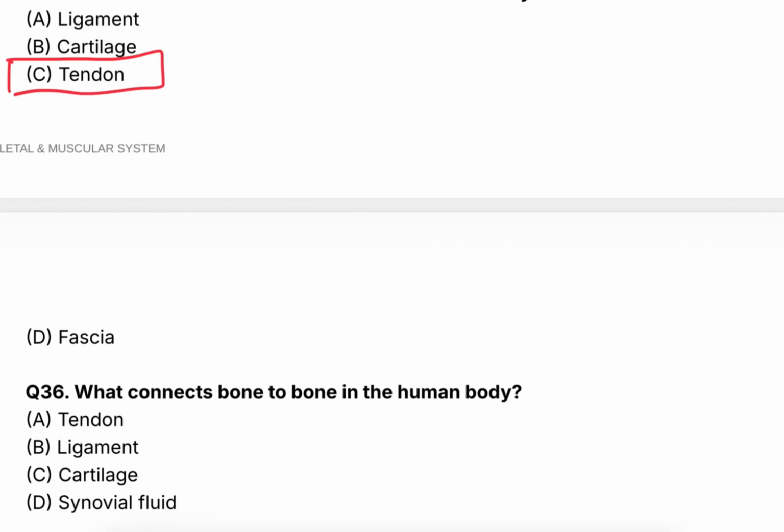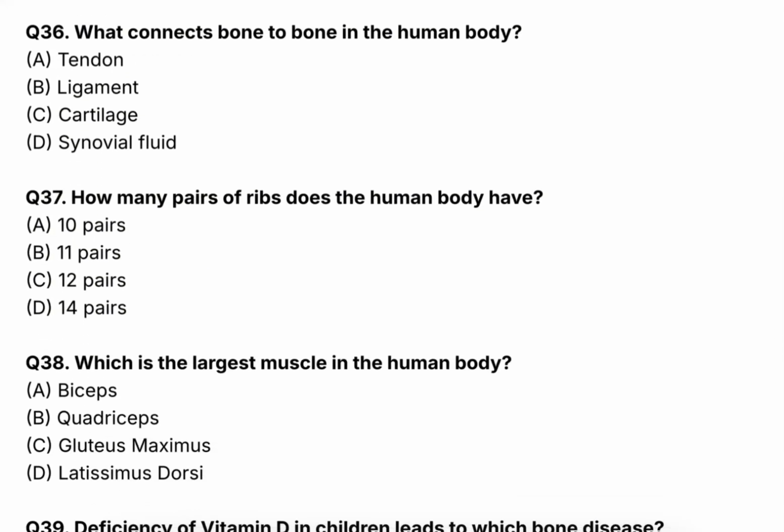Tendon. What connects bone to bone in human body? It's ligament.